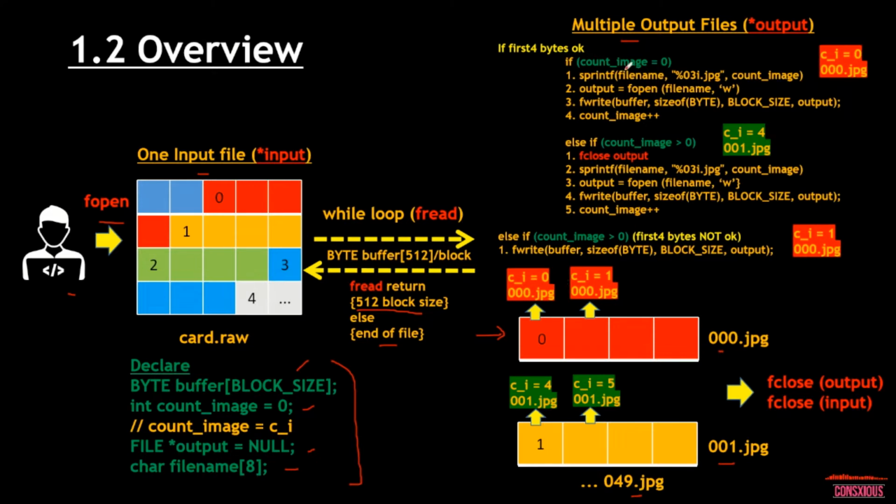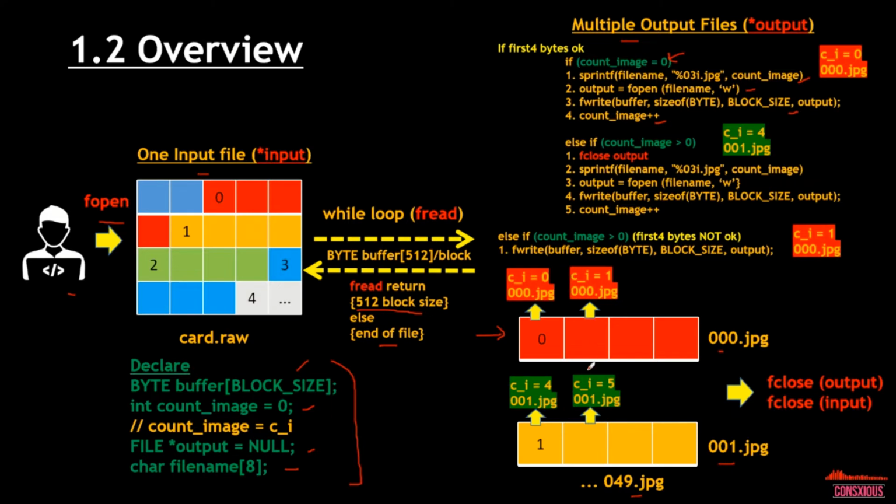We have a condition here for the first file: we create a new name, for example 000.jpg, fopen, fwrite, and add to the image counter. This is only used for the first block.